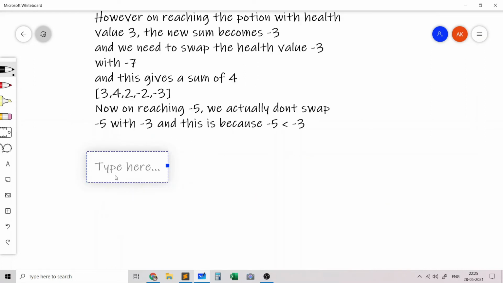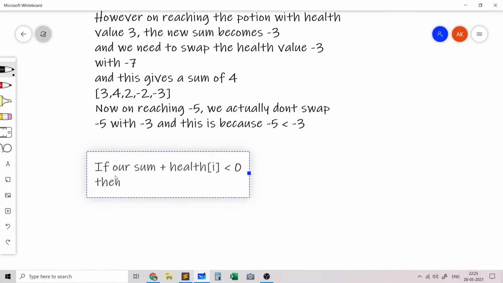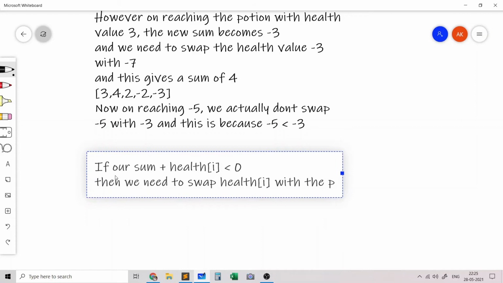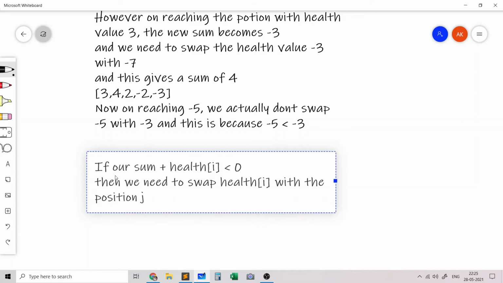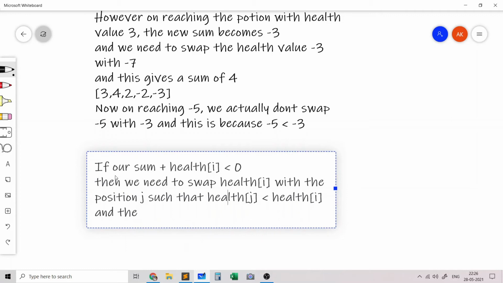So combining the first key idea and the second key idea, the main observation is that if our sum plus health value of i becomes less than 0, then we need to swap health of i with the position j such that health of j is less than health of i, the smallest health value.